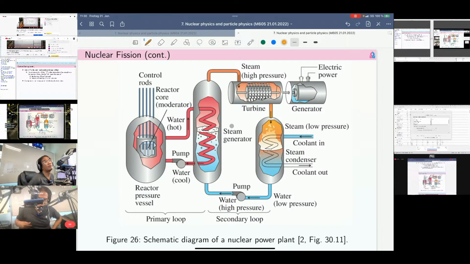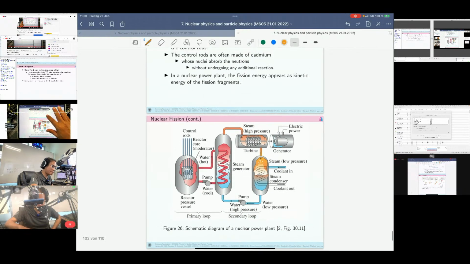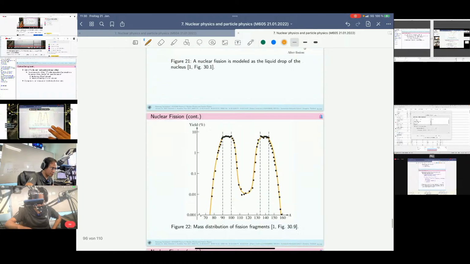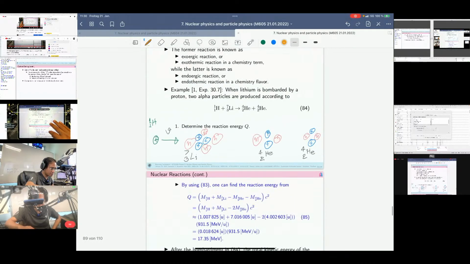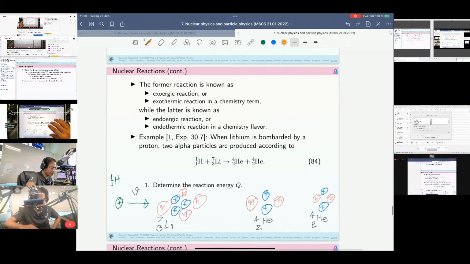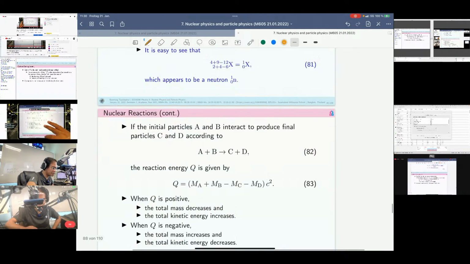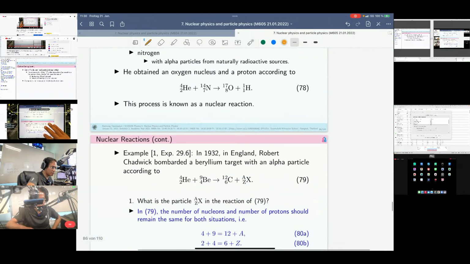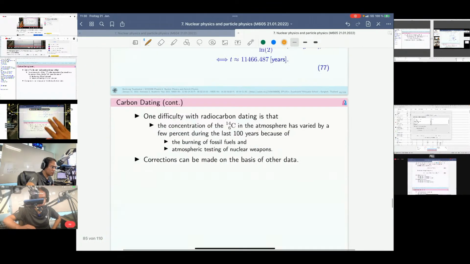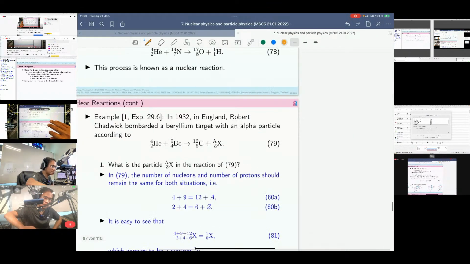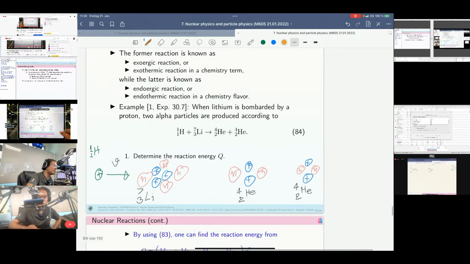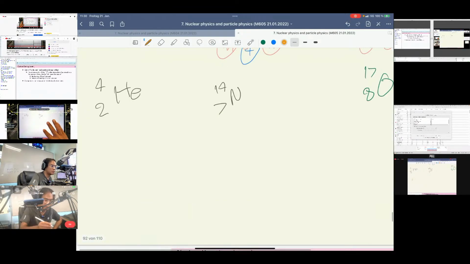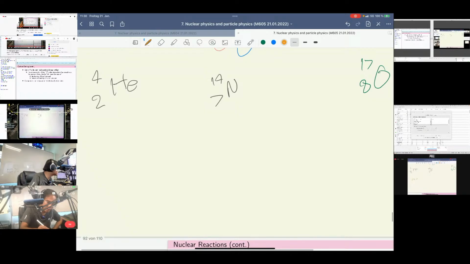For M605, this week you need to compute something about nuclear reaction energy, which is this one, this formula. Or you have to do something about carbon dating or nuclear reaction energy. Let's say homework for M605 today, 31.01.2022.